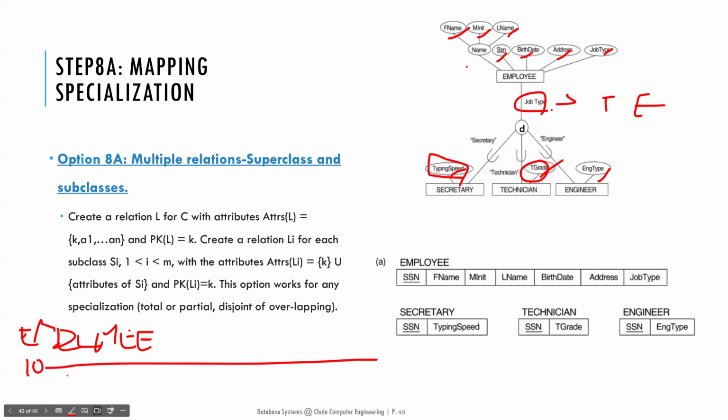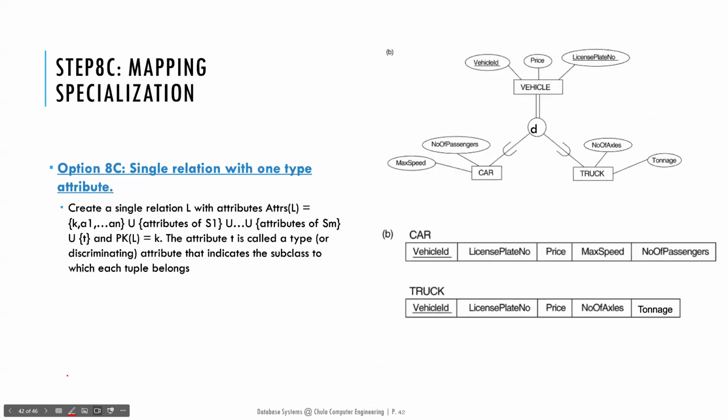This is number 8C. So 8C says that you create one. So what do we do in 8C? Let me go back to 8C. I will fix the slide, sorry about that. When you do 8C, you combine both super class and subclasses together and form just one big relation.